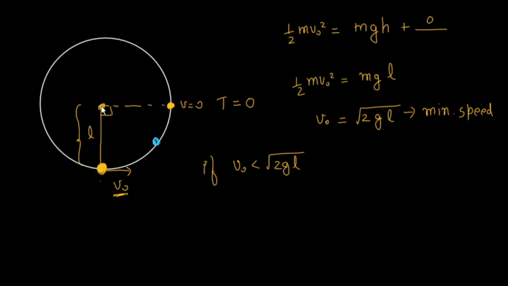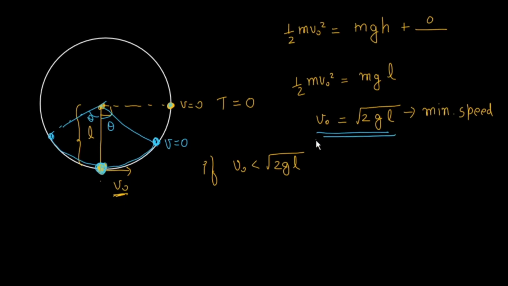If it just reaches here and its velocity becomes 0 here, then it will again retrace its path back and reach the same angle on the other side, and just oscillate about this mean position. But if it crosses beyond this point, it will not oscillate like this. Am I clear?